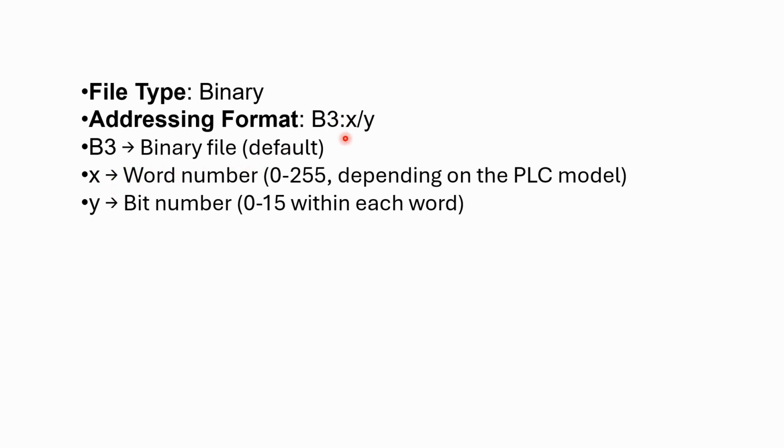The X part of it, the B3:X, represents a word number from 0 to 255. That does depend on the PLC model as far as how much you could get. The maximum that you would get in B3 would be 255 words.